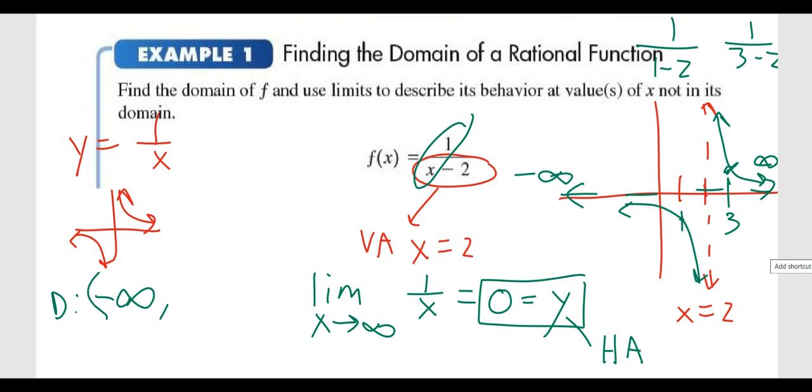I think it goes past 1. 2? Yeah. Do I need a parenthesis or a bracket? Parenthesis. Good call. Yeah, we can't touch the asymptote. Union what? 2, comma, infinity. Okay.